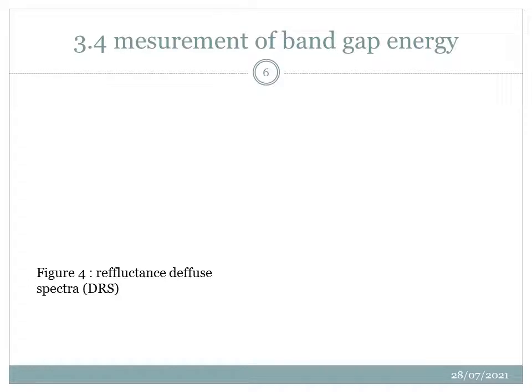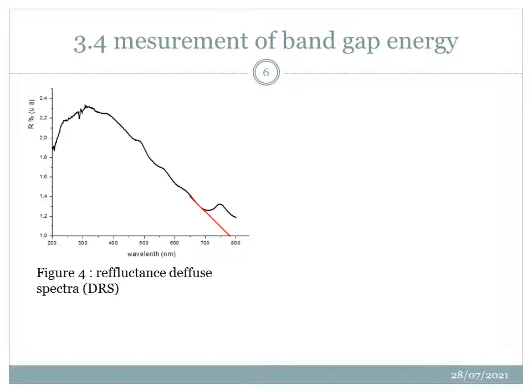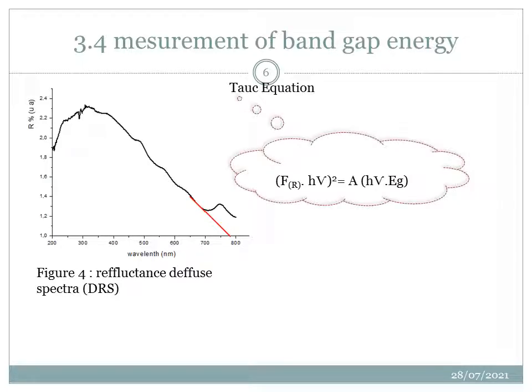For the determination of the optical properties using UV-visible diffuse reflectance spectroscopy, as shown in figure 4, the band gap energy of the sample is calculated using the Tauc equation.